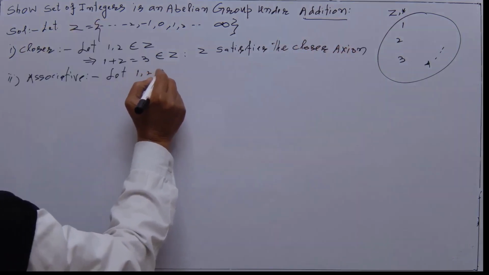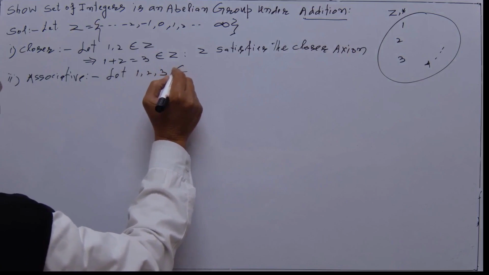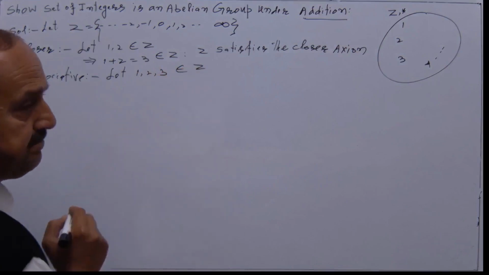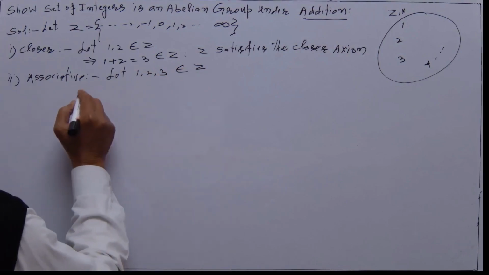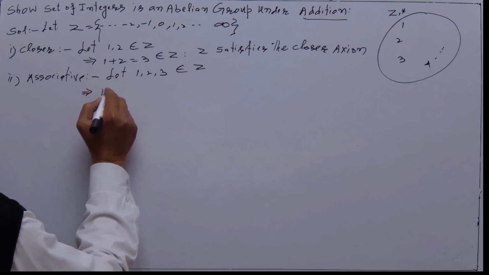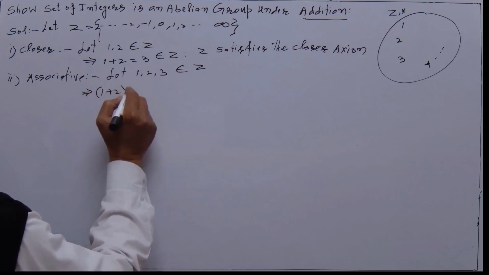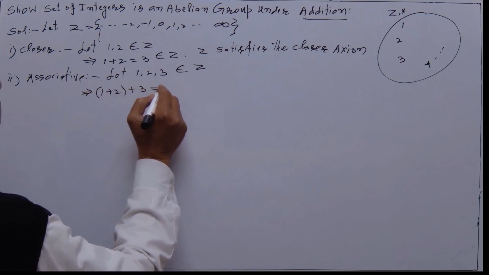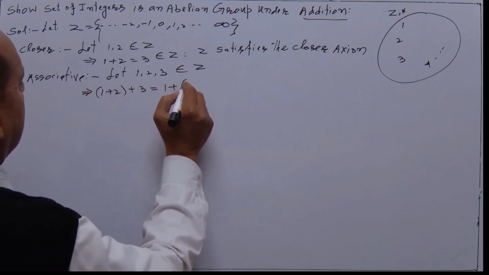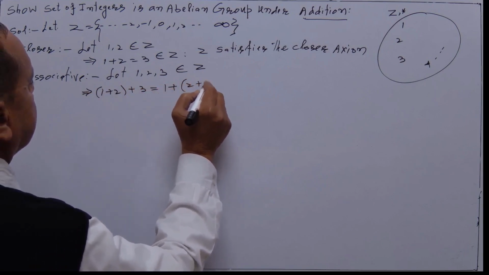1, 2 and 3, these are the 3 elements belonging to set Z. Then (1 plus 2) plus 3 is equal to 1 plus (2 plus 3).